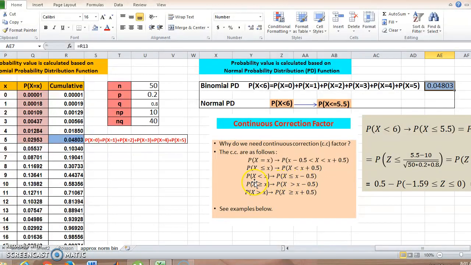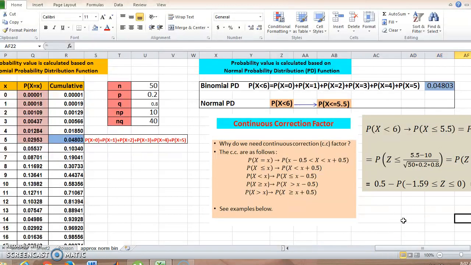I just highlight our case. In this problem, we have x less than 6. So it is approximated to your random variable x less than 6 minus 0.5, which is 5.5.